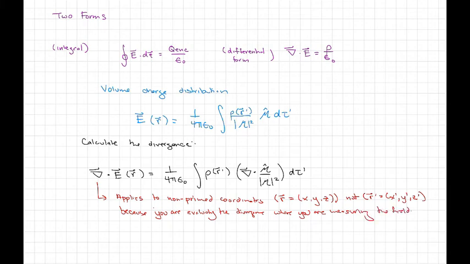All right, that is a lot of writing. So that is essentially why I could take this del operator and scooch it all the way into this integral, where it only applies to these bits, because these are the only bits that depend on the non-primed positions.